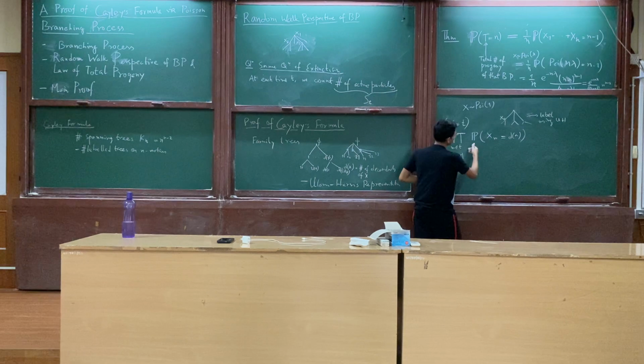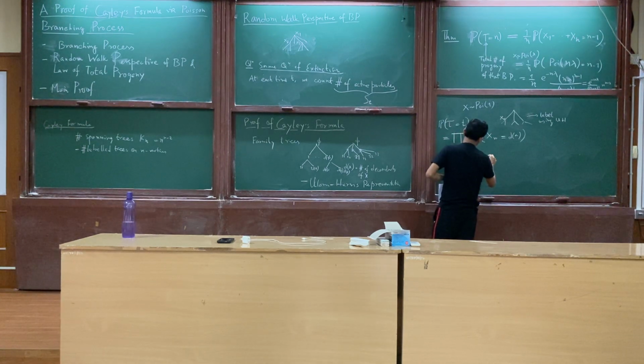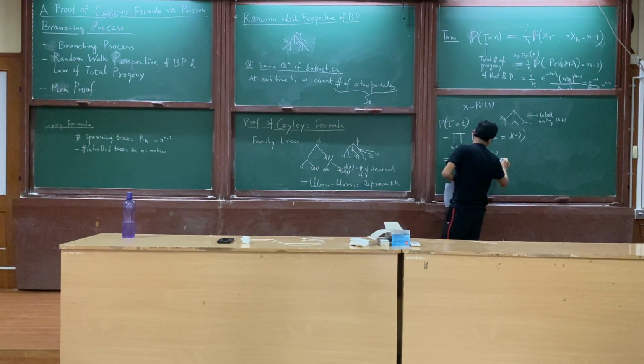Because these are all identical Poisson 1, it will be e to the power minus 1, 1 to the power d of w, divided by d of w factorial.